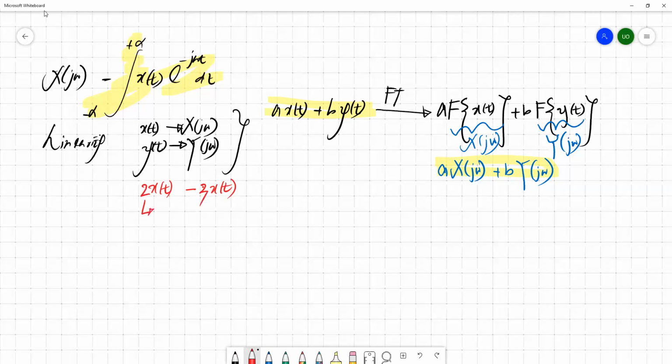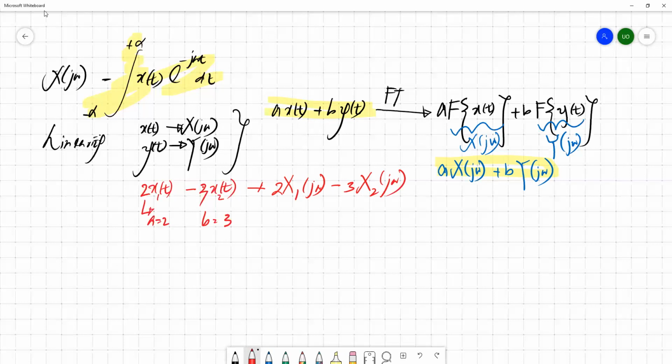So now a becomes 2, and b becomes 3, and so you can simply get 2 times the Fourier transform of x1, minus 3 times the Fourier transform of x2, if you know these.